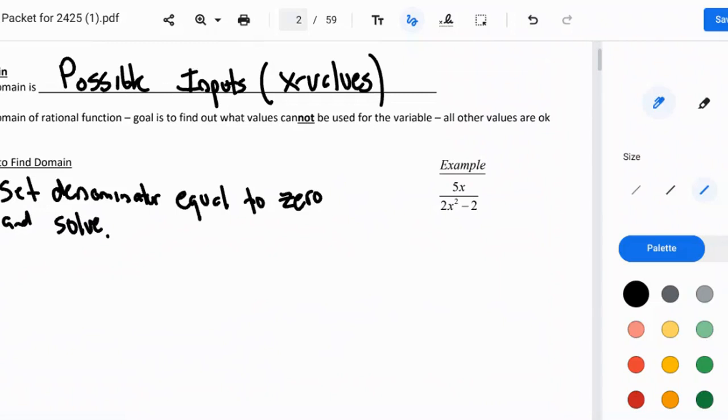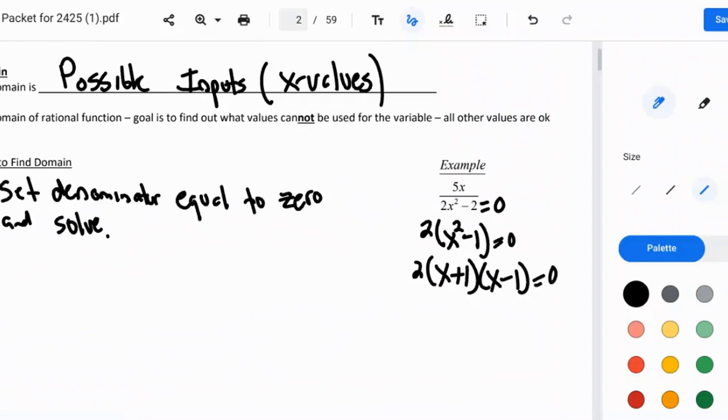So if we set this denominator to the right side on this example, 2x squared minus 2 equals 0, we would pull out a GCF of a 2, and then we can factor this x squared minus 1 into the difference of 2 squares. Anything that is its own factor you can make equal to 0 now, so that'd be 2 equals 0, x plus 1 equals 0, x minus 1 equals 0. And then from here, this 2 equals 0 does not make sense because there's no variable attached to it. These other ones will give you x equals negative 1 and x equals 1.